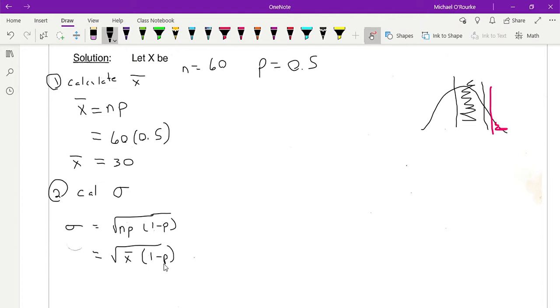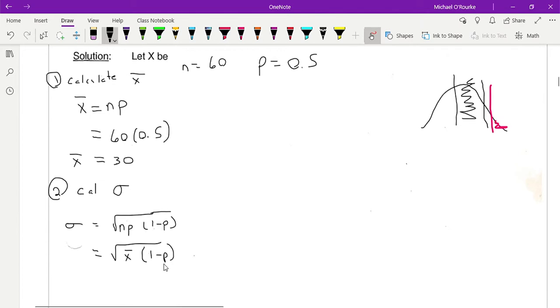And that 1 minus the probability is the probability of failure. Correct? So if you had like a 60% chance of success, then that's what we're figuring out. This is the probability of failure there.